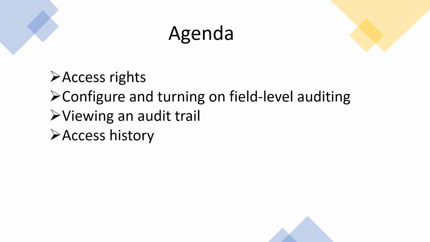So for the next couple minutes, I'm going to go over a little bit of access rights, how you can see certain roles and security roles. Even though that's not part of the field level audit, it's still kind of important because even though somebody has access rights to a specific form, you might still want to know who made a change to that form.